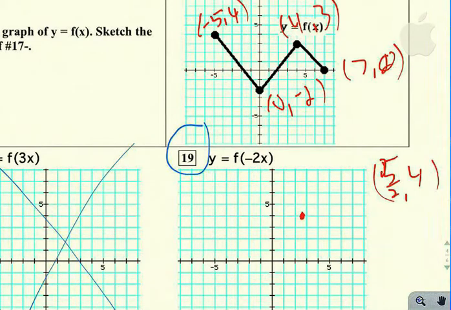And 0, negative 2 would still be 0, negative 2. Remember, we're dividing our x's by negative 2. 4, comma, 3 would become negative 2, comma, 3.